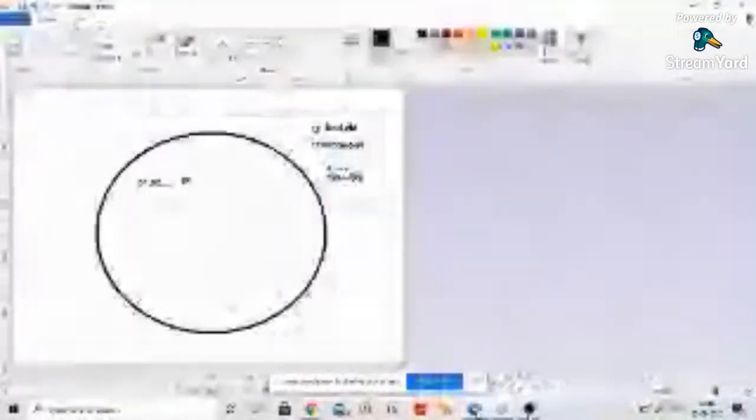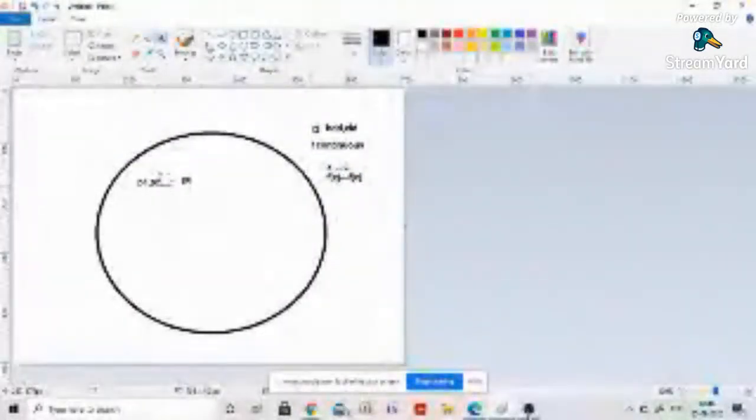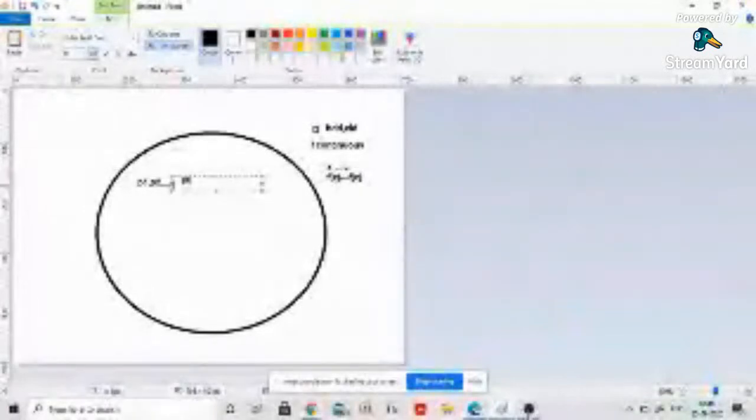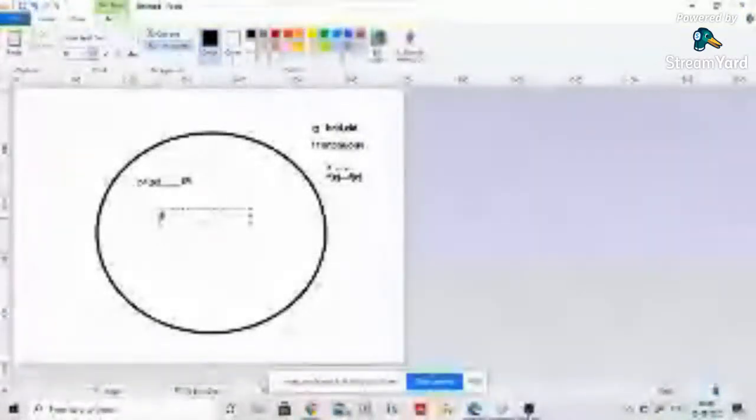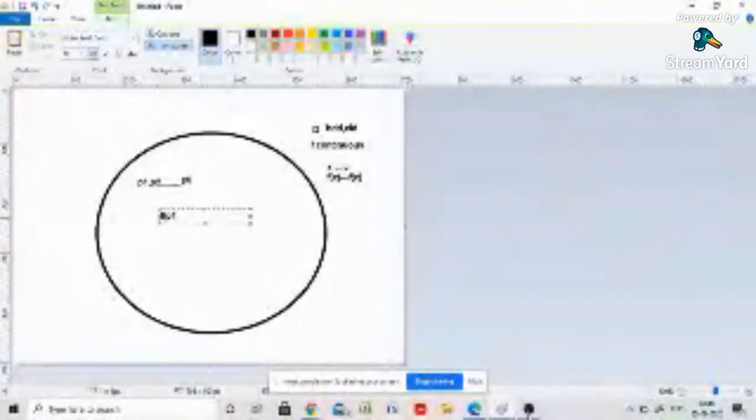So here we have proved that, yeah, P1, P2, etc., Pn goes to P naught. Then we should have f of Pi goes to f of P naught.